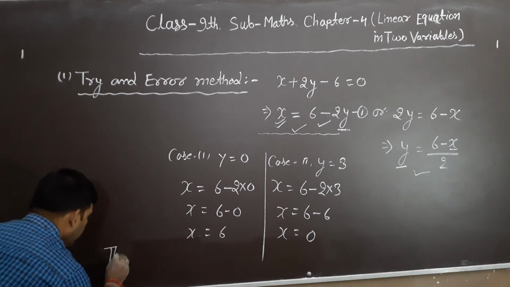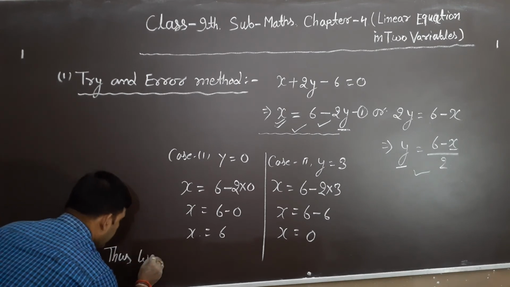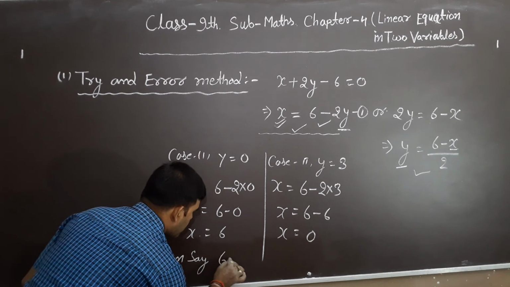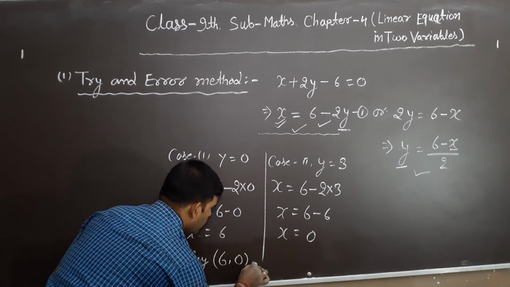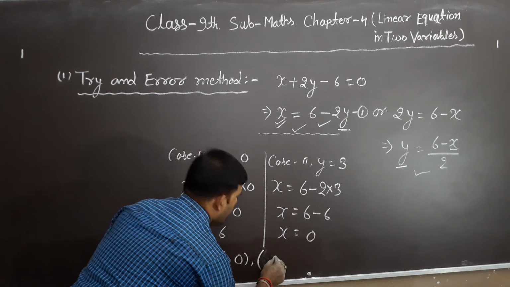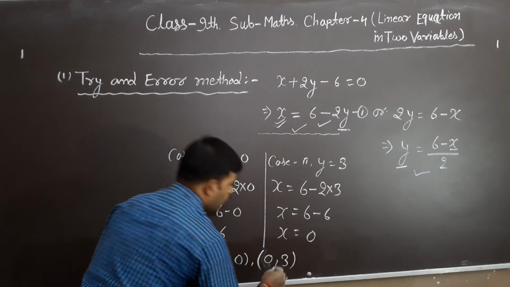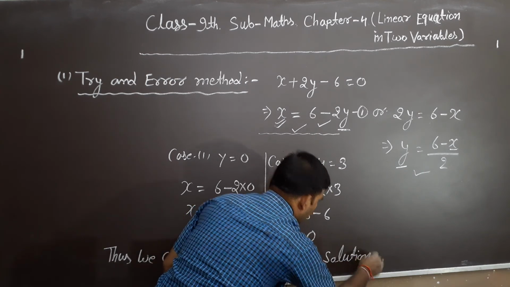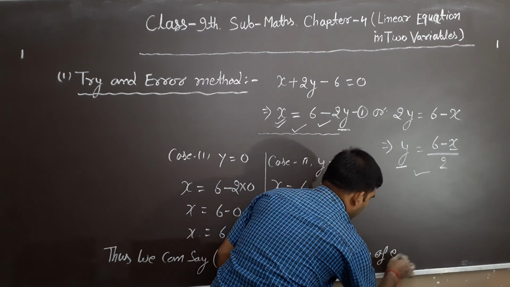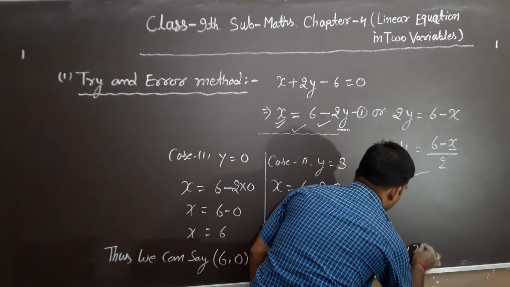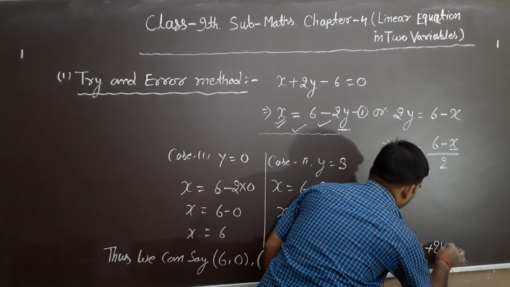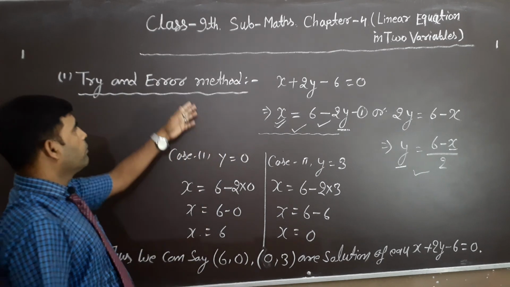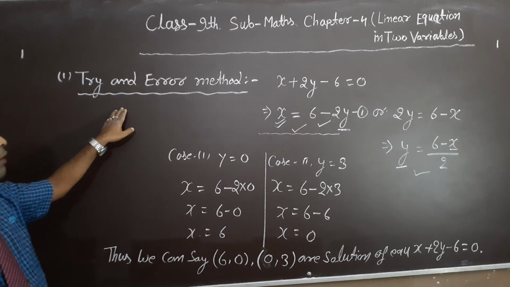Thus we can say (6, 0) and (0, 3) are solutions of the equation x plus 2y minus 6 is equal to 0. In this method, we get the solution of the given equation.